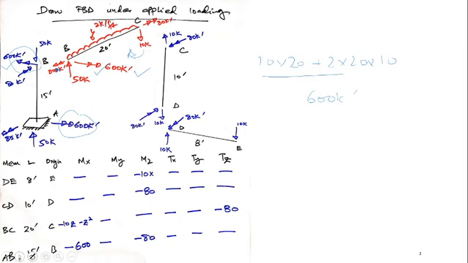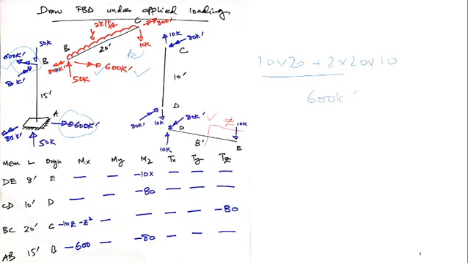Next, I have constructed a moment table, and it's very easy. For example, for member DE, my origin is E, and this distance would be Z. Now this 10 is in Y and this member is in Z, and if you rotate it towards this point, it forms a moment that would be 10Z.